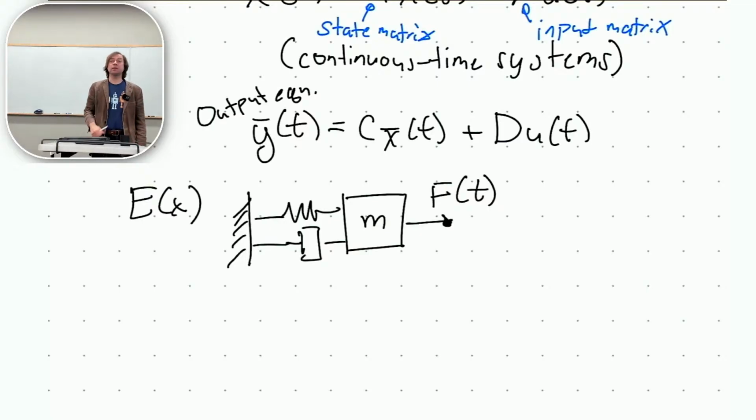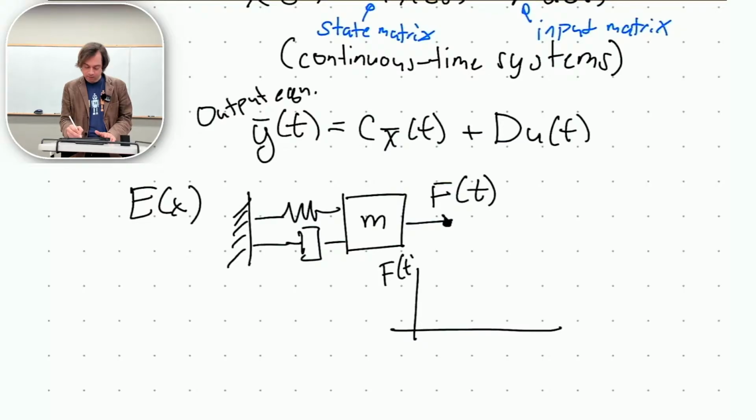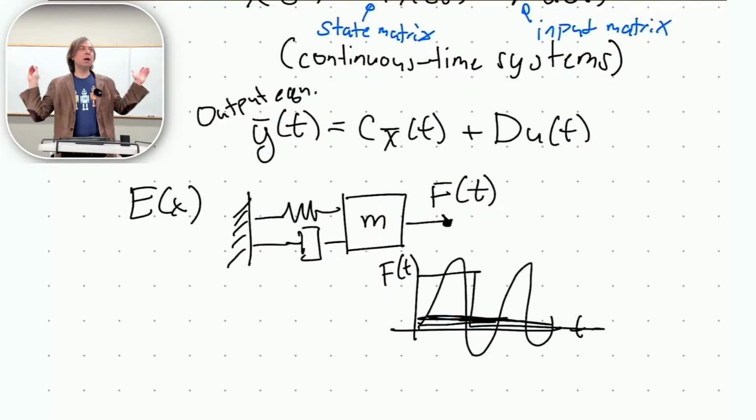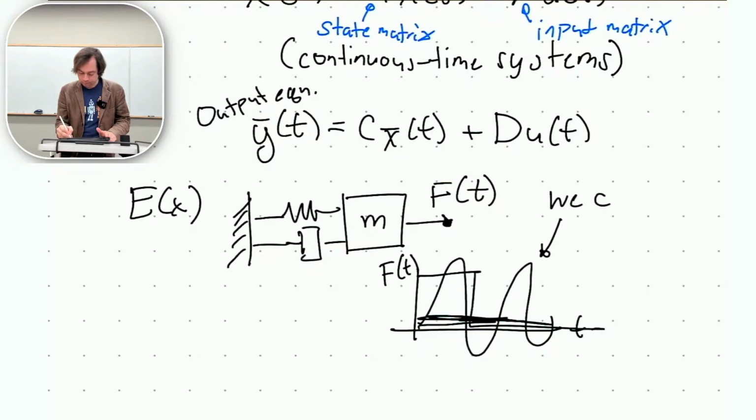And we get to decide what that is. We could say, hey, F of t, we want it to be off, or we want it to be on, then off, or we want it to be that, whatever we want. We choose. So much freedom, we can choose anything.